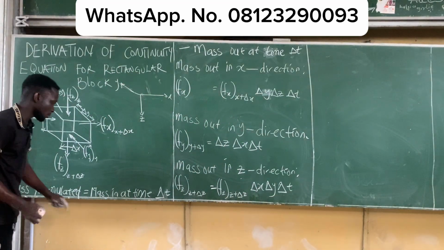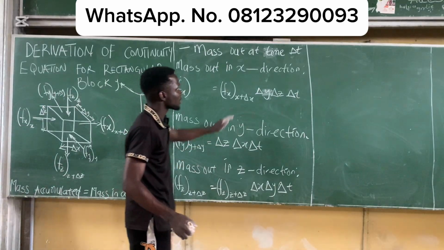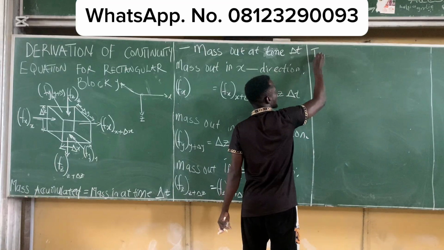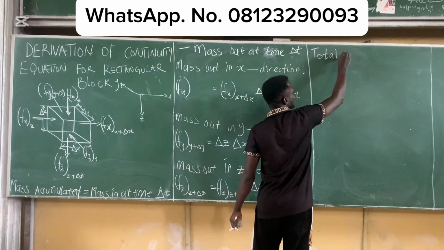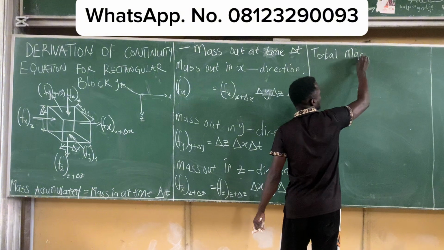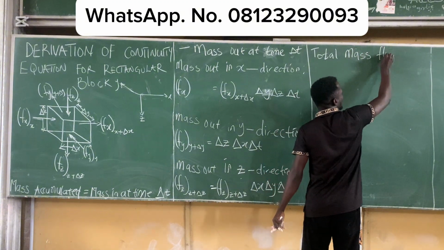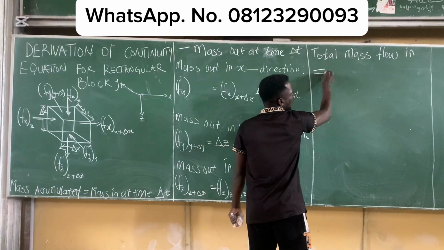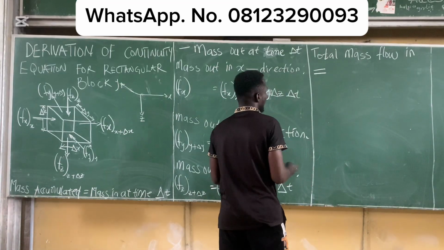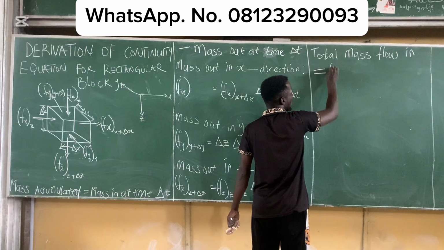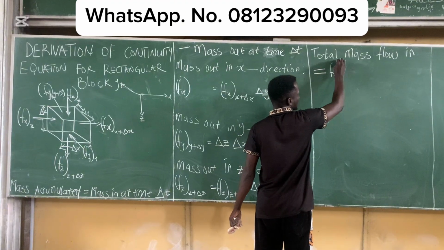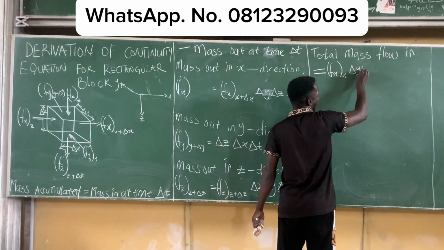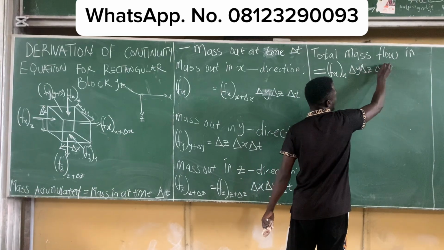Now we have the mass that flows in and the mass that flows out. Let's total all the mass that flows in. So the total mass flow in will be equal to, we said that for x axis, it is equal to F of x at x multiplied by the area y, z, and the time.